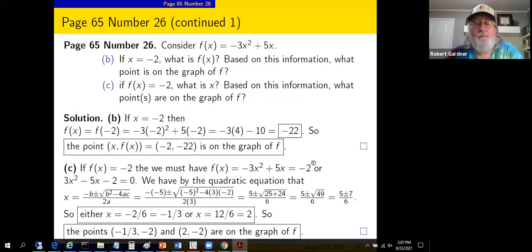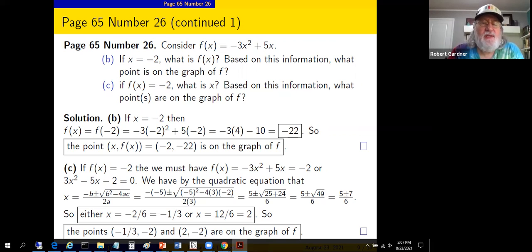Okay, how about we take everything to the right-hand side? That'll give us a leading coefficient that's positive. Maybe that's helpful. So we'll have positive 3x squared minus 5x minus 2. We have 0 on the other side. So I've written it interchanging left and right-hand sides just to make it more familiar looking.